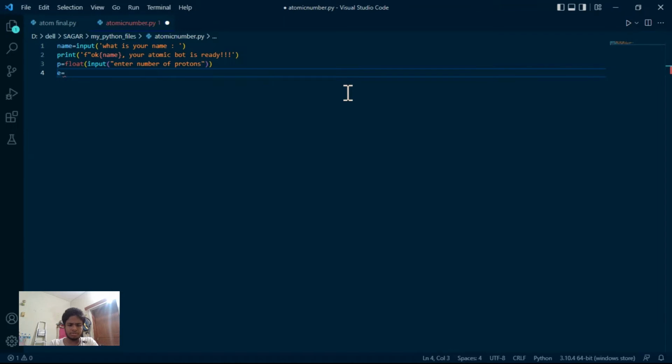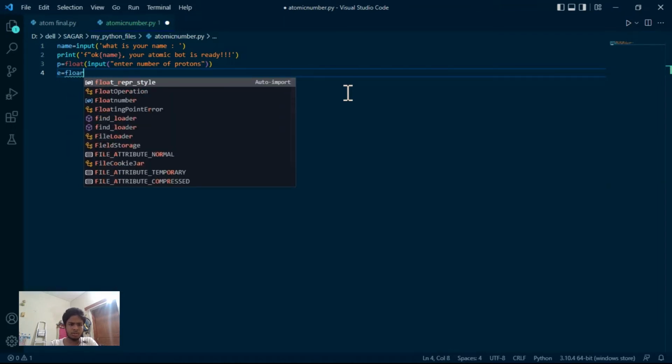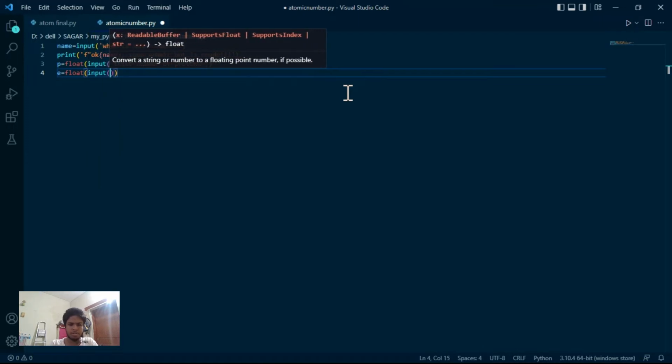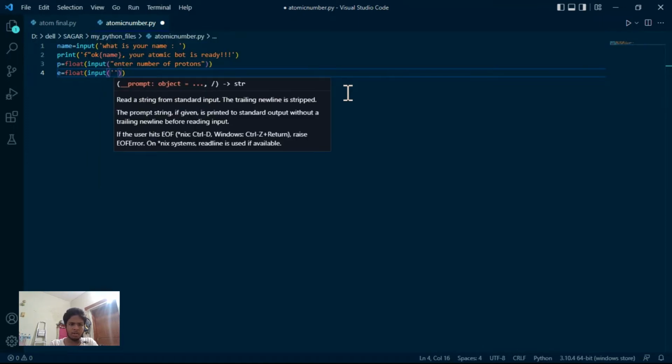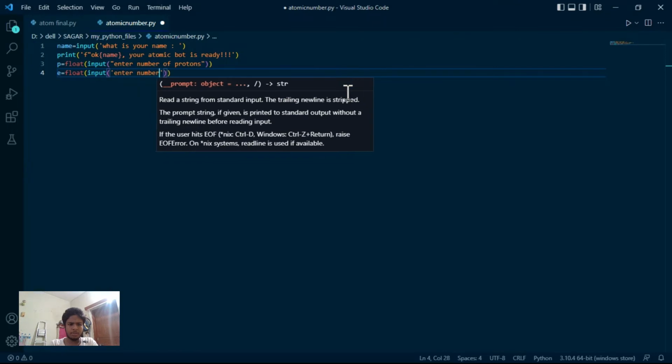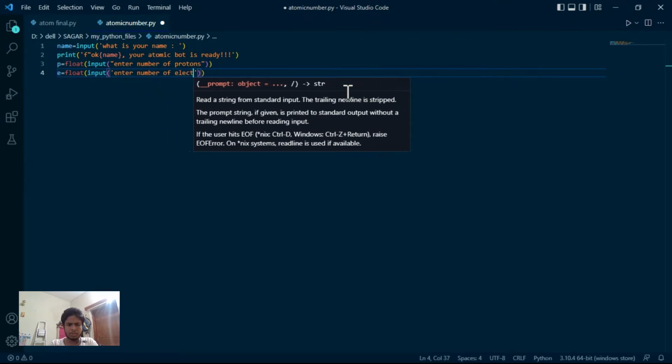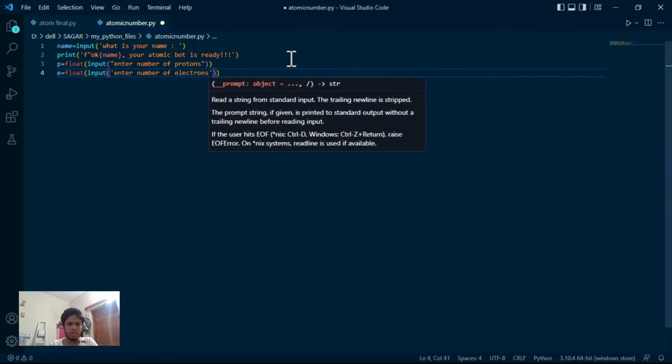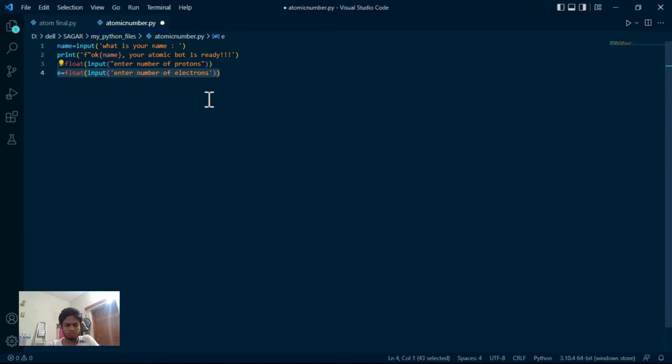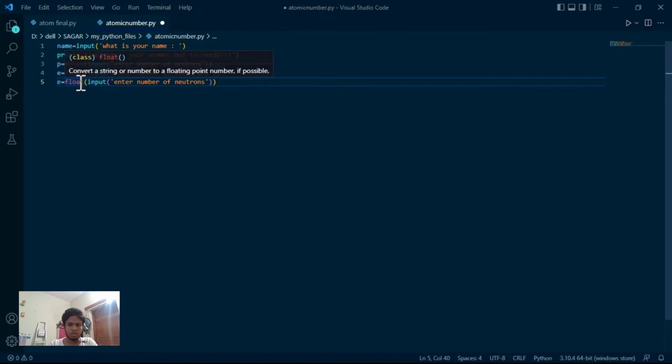P is equal to float input, enter number of electrons. I will just copy it. Then number of neutrons.